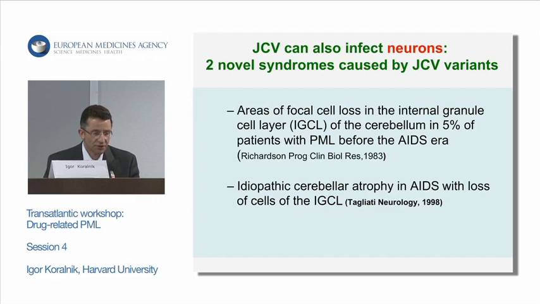And E.P. Richardson, who described PML in 1958, already saw that in the PML patients' brain samples there were areas of focal cell loss in the internal granule layer of the cerebellum in 5% of these. And Joe Berger and others, in a publication in 1998, showed that AIDS patients had a cerebellar atrophy that was otherwise unexplained.